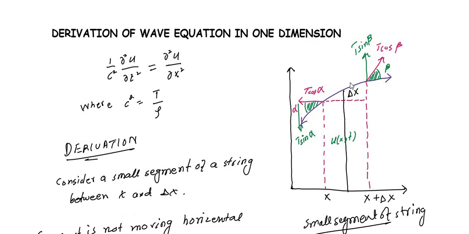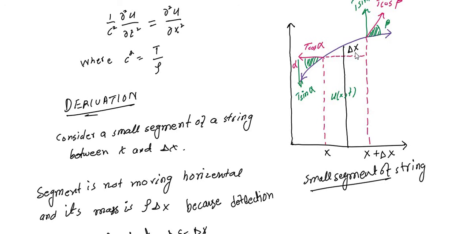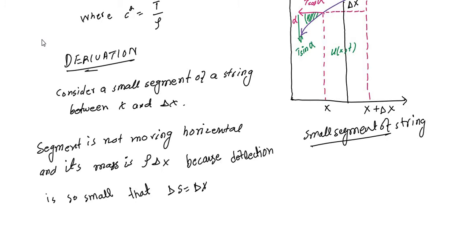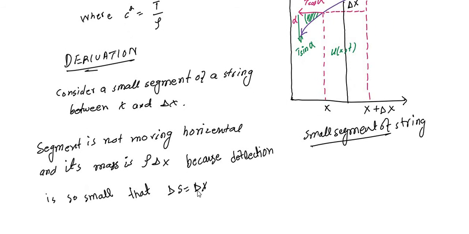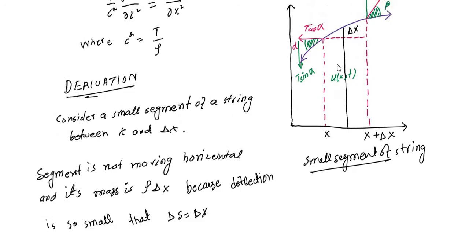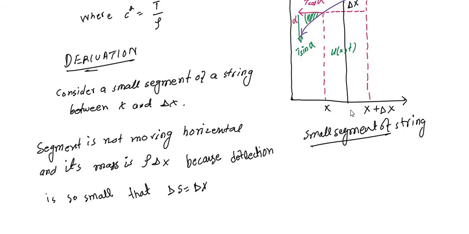When you look at the picture, this line indicates the change in x from here to here, which is delta x. Delta S is not mentioned in the diagram, but it is the distance the string has traveled, and delta x is the horizontal distance.